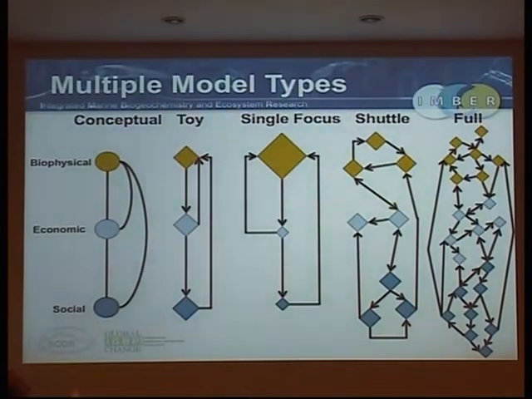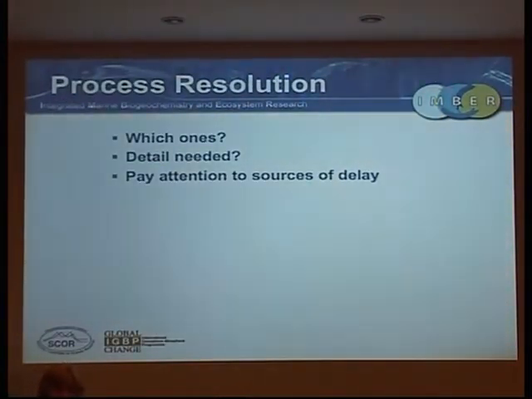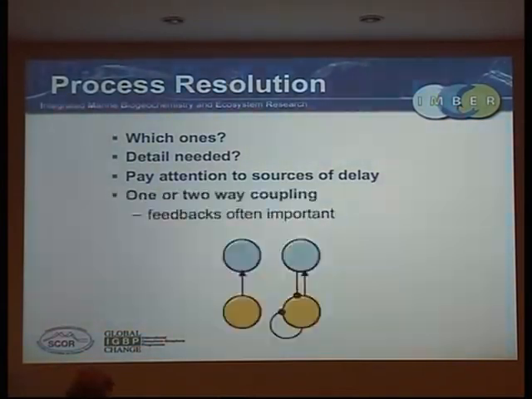If we think about bringing humans into it, ideally you need social, economic, and biophysical, whether it's a simple qualitative model, a model of intermediate complexity to play with, a model that focuses only on one sector, like a fisheries model, or these more complicated models that start to shuttle ideas around where you actually do have feedbacks amongst more of the system. So you've got to think about which ones to include, what sources of delay you have, and then ultimately what kind of coupling you want.